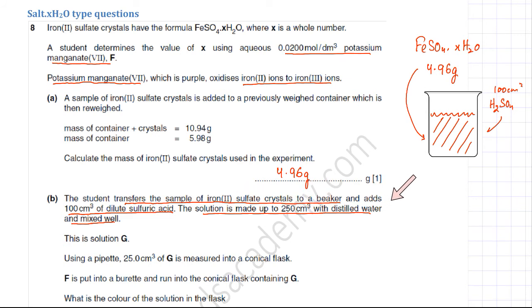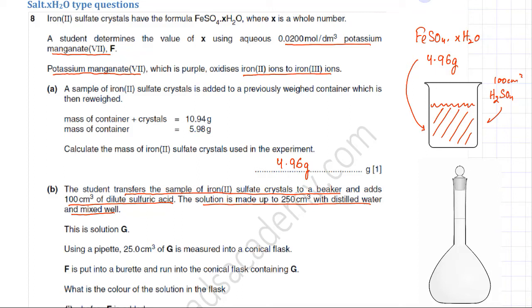You always use a volumetric flask to make solutions with volumes of 250 cm³. So here is my volumetric flask. I'm going to transfer this solution into this volumetric flask, where by adding distilled water you dilute this solution and make a 250 cm³ solution. Remember, a volumetric flask has only one mark, which is the 250 cm³ mark.